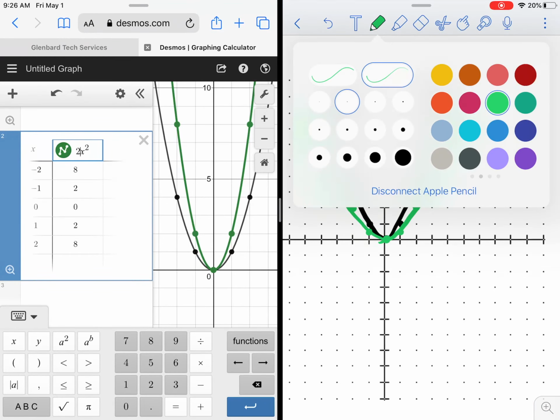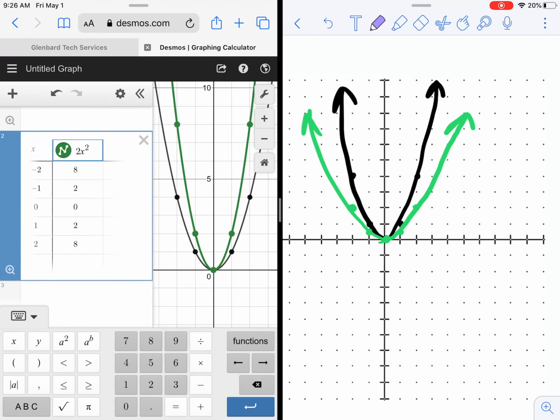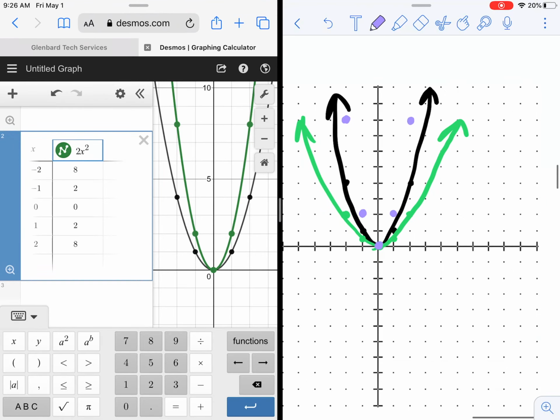It's still green on Desmos, but let's go purple. -2, 8. 1, 2, 3, 4, 5, 6, 7, 8. -1, 2. 0, 0 again. 1, 2. And then 2, 8. And we see that that graph is narrower, skinnier, if you will, than the black graph was.